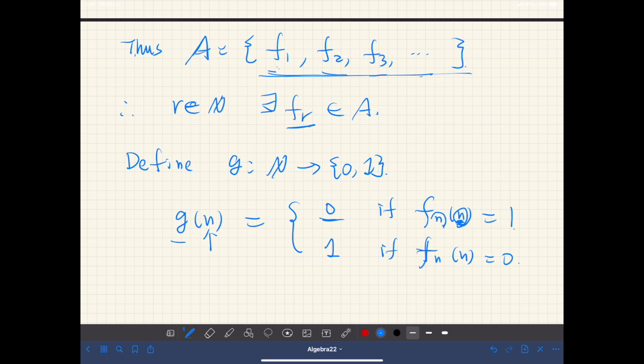And if fn happens to return 0 for the input n, then we define g(n) to be 1.